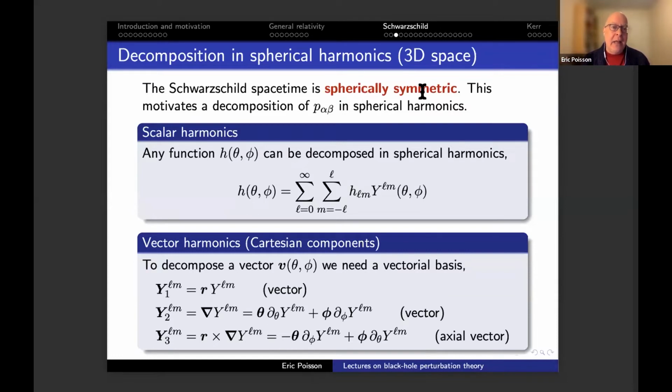And the reason why this is important is that we can rely on the symmetries of the background spacetime to introduce a decomposition of the variables into basis functions that incorporate the symmetry. That basically means that we have a nice packaging of all those perturbation variables that is optimum because we have made maximal use of the underlying symmetries.